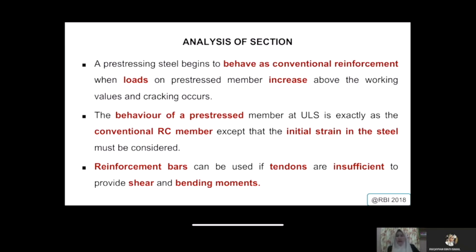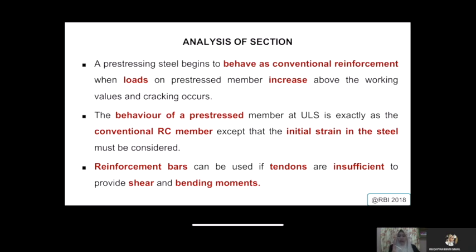Somehow, by providing your tendon, sometimes it is sufficient enough to cater for your shear and bending moment as well. But it's not always going to be the case. There are situations whereby the tendon itself is sufficient to cater for shear and bending moment.